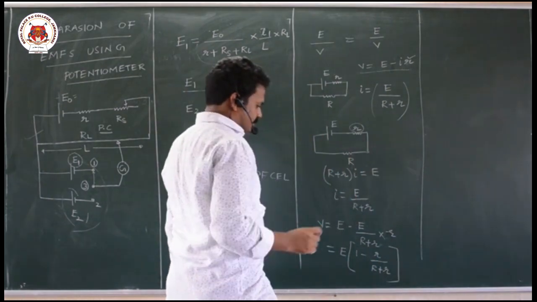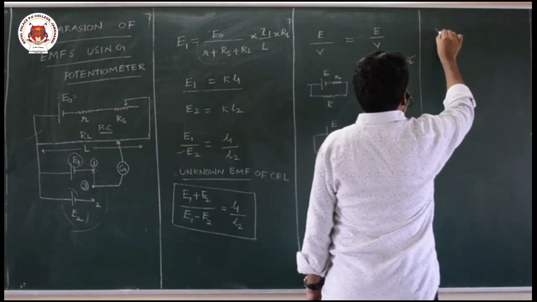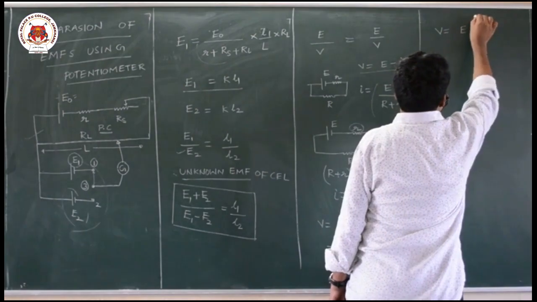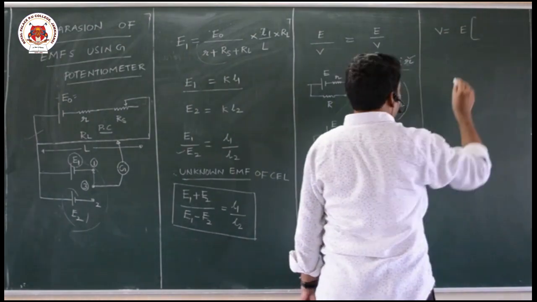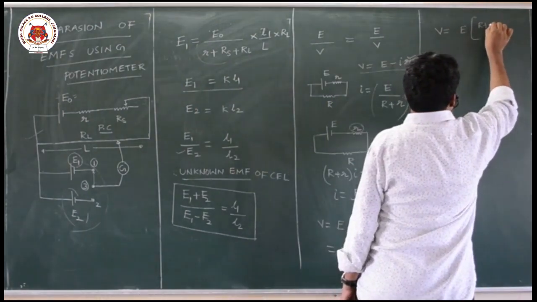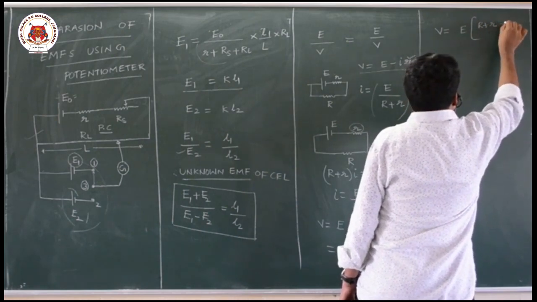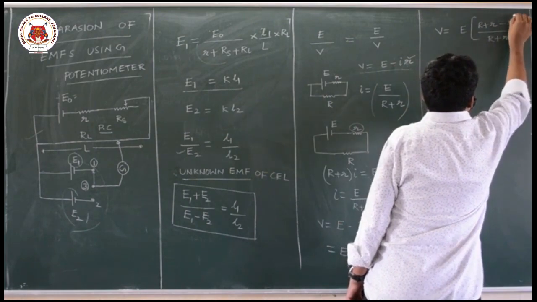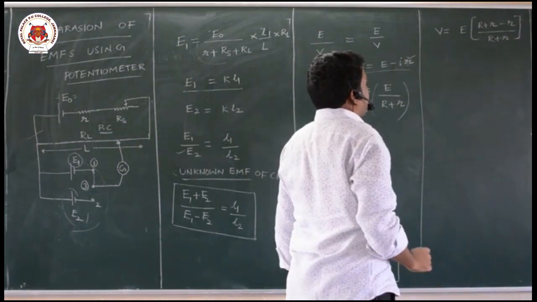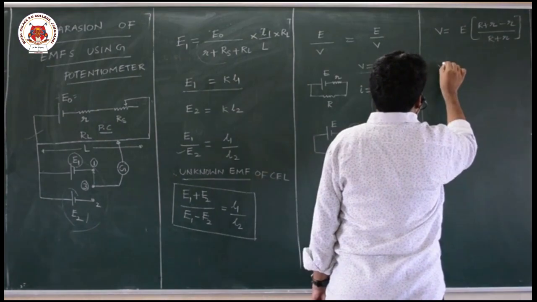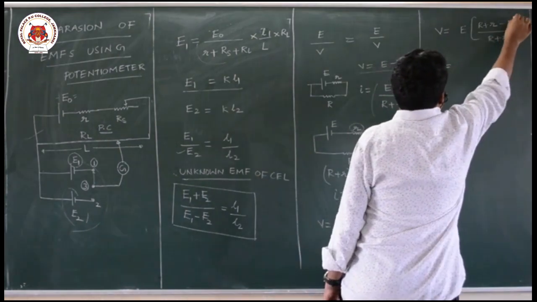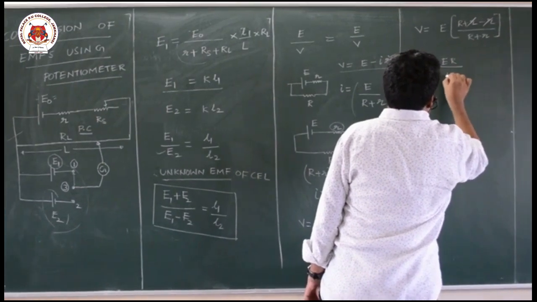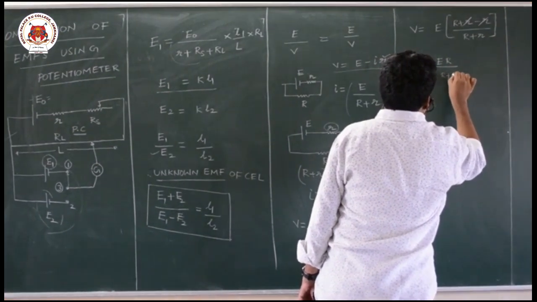Now V is equal to E into capital R plus small r minus small r by capital R plus small r. Small r will get cancelled, so V is equal to E into capital R by capital R plus small r.